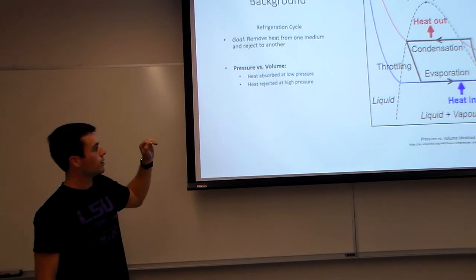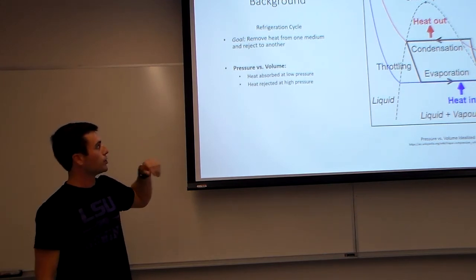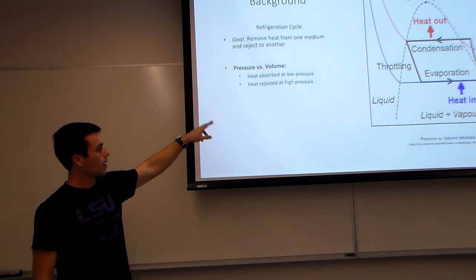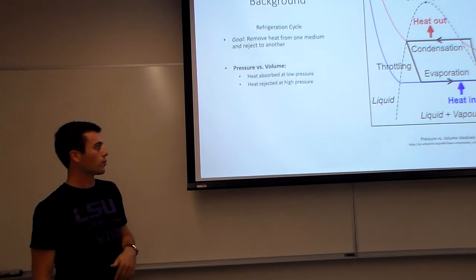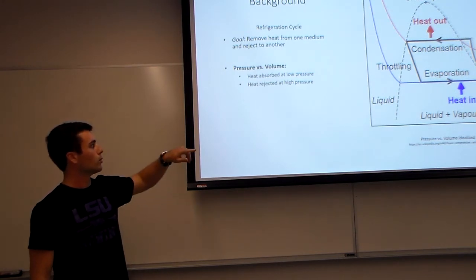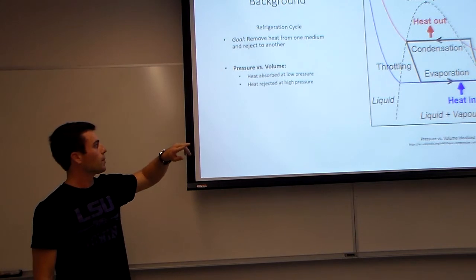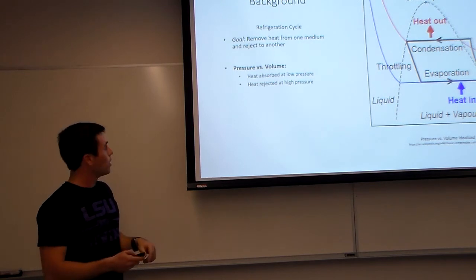Main thing I want to show here is during evaporation, we have our constant pressure. As our volume increases, we're absorbing heat into the system, and then after we introduce work during compression, during condensation, we're going to reject heat while compressing our working fluid.